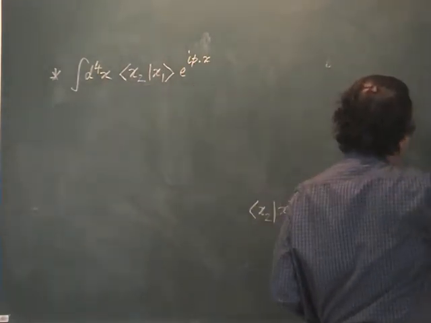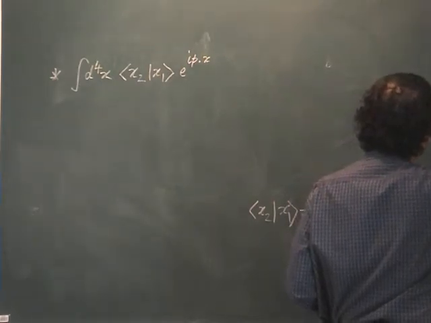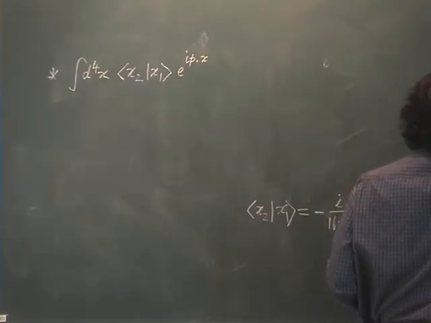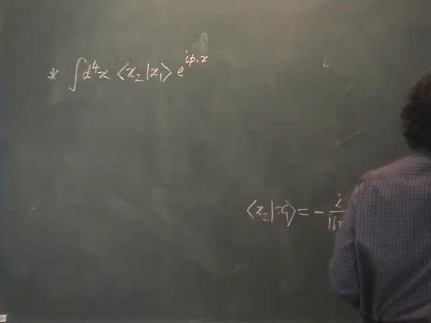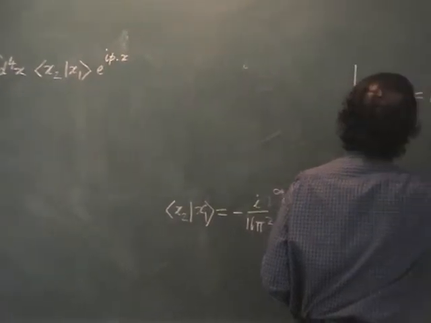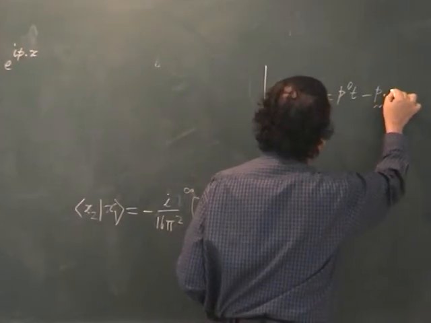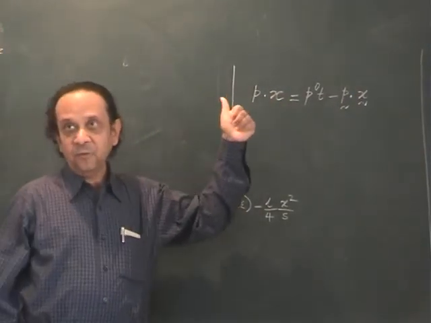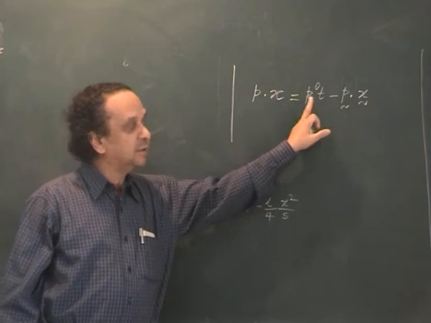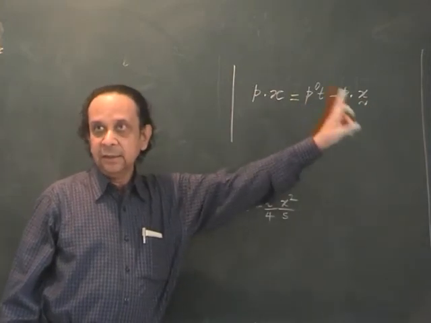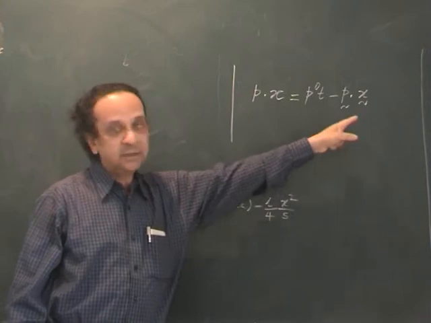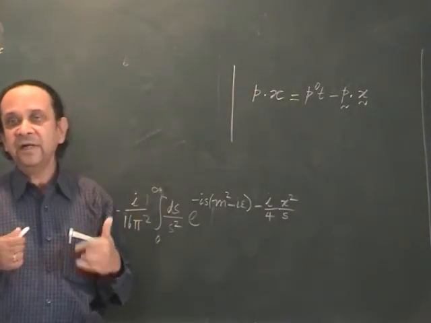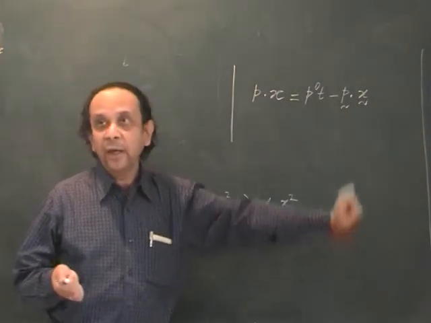The notation being used here is p dot x with nothing below, which stands for p0 x0, which is p0 t, minus the 3-momentum p dot x. So p is a 4-vector with components p0, px, py, pz. So we are doing a Fourier transform of t and x with respect to p0 and p.